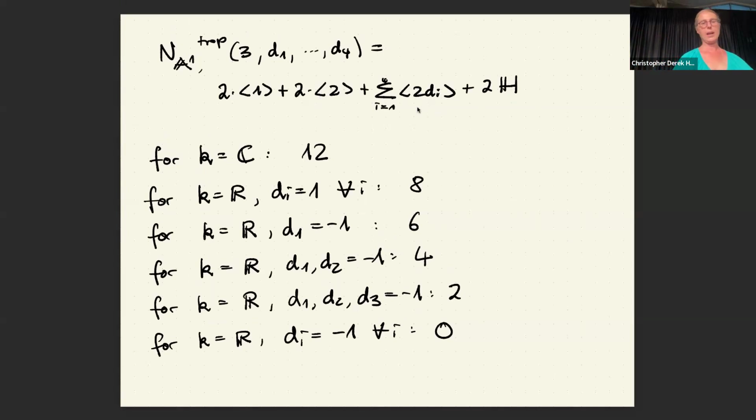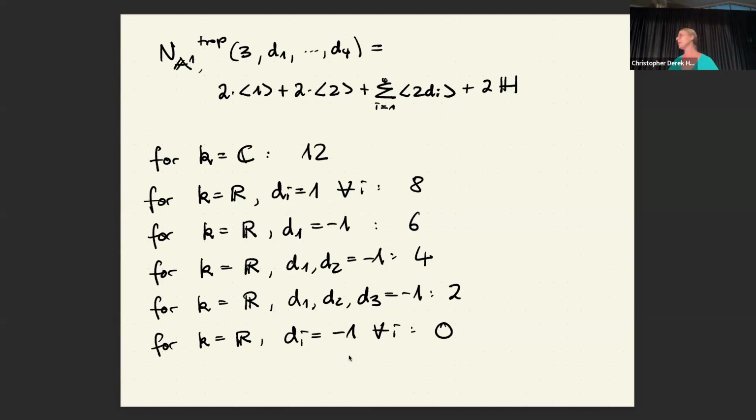Yeah? I can continue. Now I can also let 2 of those d's be -1. And then another of those 2 di's will become a -2 that cancels with one of those 2's. And so I'm down to 4 now. And I can continue further. Then there's more cancellation. If I let 3 of the di's be -1, 3 pairs of conjugate points, then I have the invariant, which is just 2.